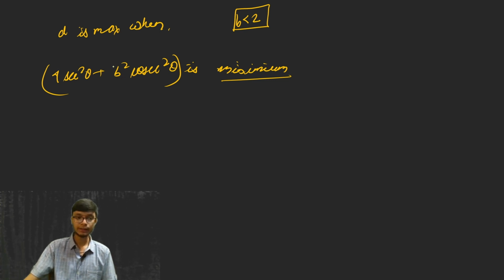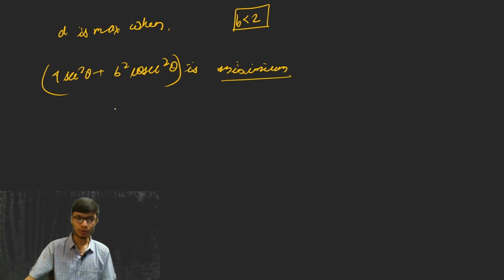This is a parametric expression in theta. So how to minimize this particular thing? You have already studied that for a cos theta plus b sin theta, the maximum and minimum values are plus minus root under a square plus b square. A similar thing I will apply.